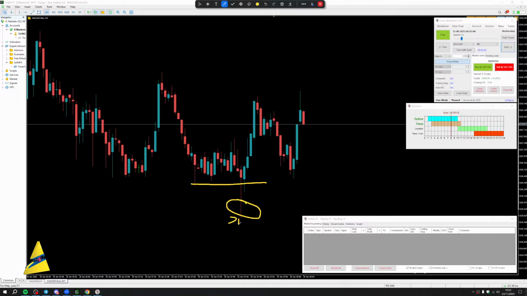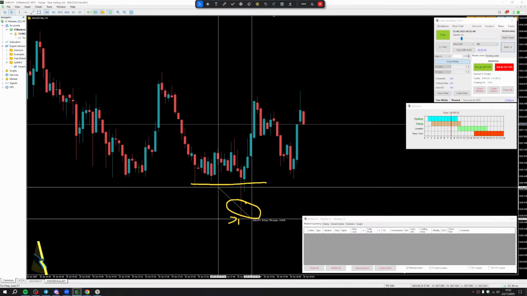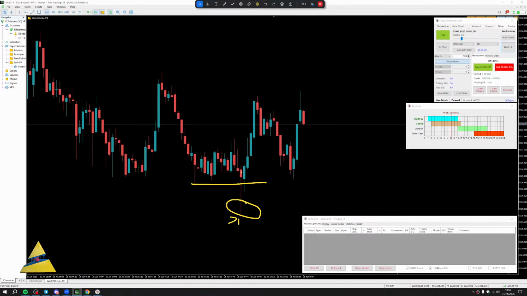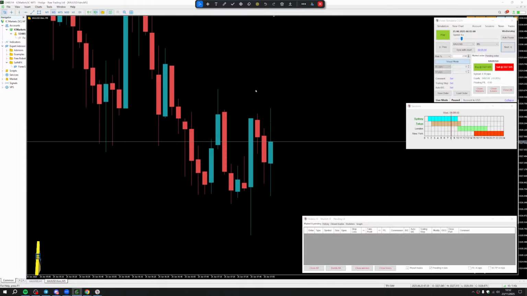You had one fake out below here, but it was a decent push, about 7 pips. It broke the highs and faked out quite a bit after breaking those highs. But what I'm looking for is a little bit of confirmation, some confluence here.